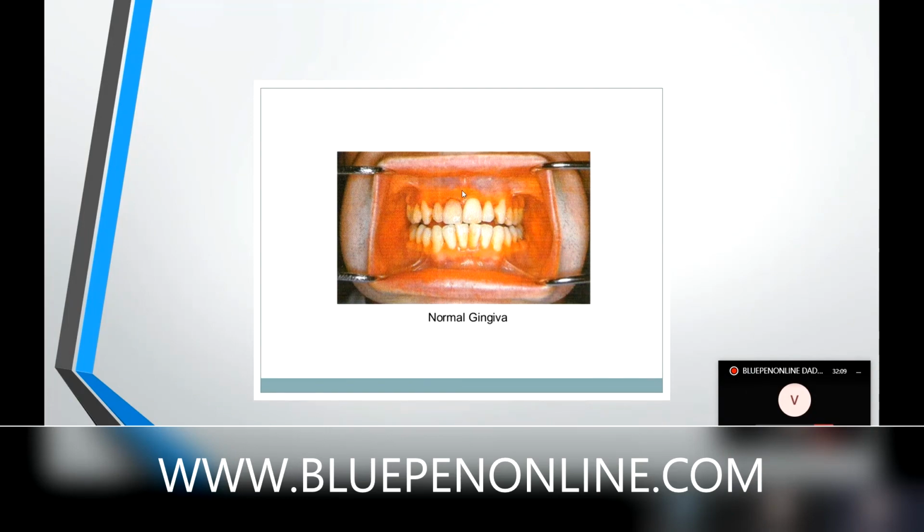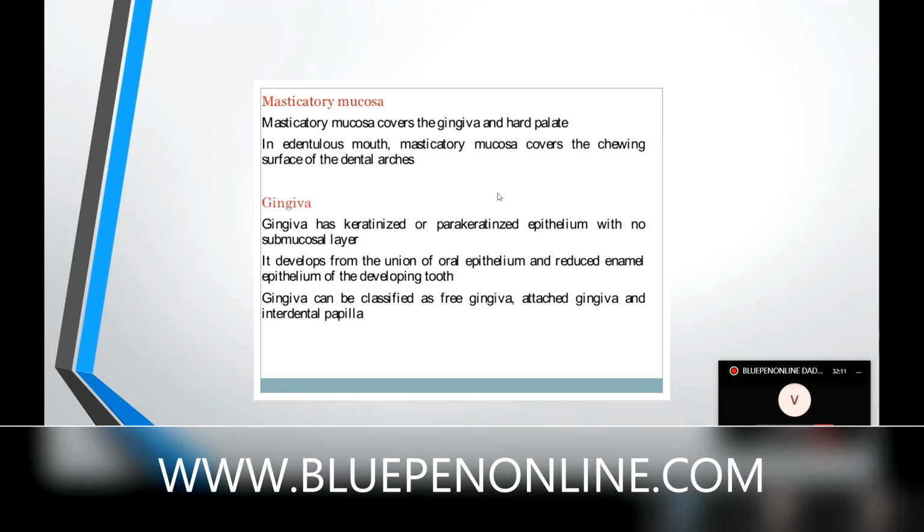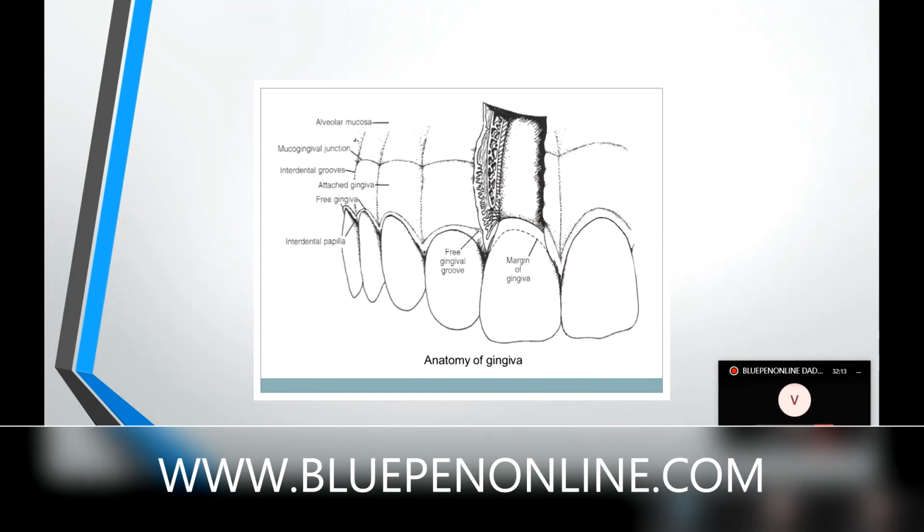And then alveolar mucosal line, the mucogingival junction or alveolomucosal line. This is the alveolar mucosa, which is next to the bone. Now you know what is free marginal gingiva, which is the same as free gingiva. Then you know what is attached gingiva, then interdental papilla, then mucogingival junction and alveolar mucosa. These five are important about gingiva.